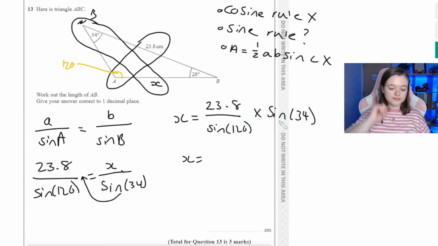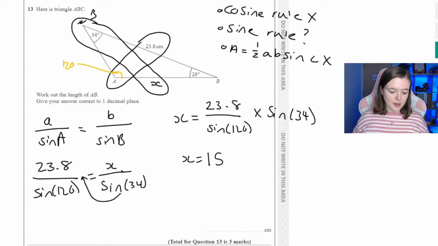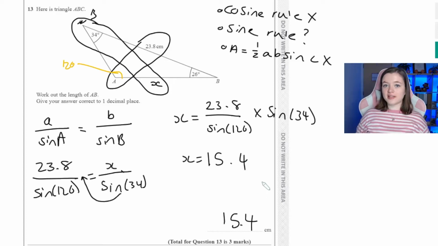And then, let me know what you get. So we've got 23.8 over sine 120 times by sine of 34, which is 15.4 to one decimal place. 15.4. And that was the sine rule.